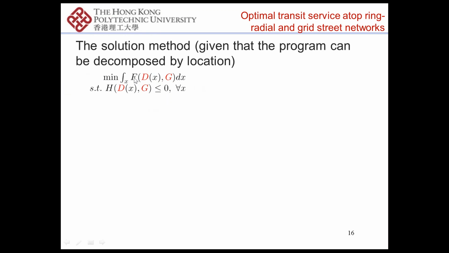F is the location-specific generalized cost function, and we integrate over x. Note that x is the distance from the city center to a specific location. When we integrate over x, we actually get the total generalized cost. And here, h of d of x and g is the location-specific constraint. So we have a set of location-specific constraints.